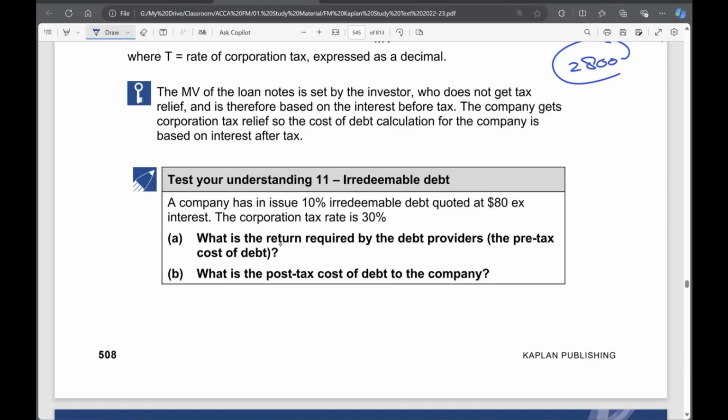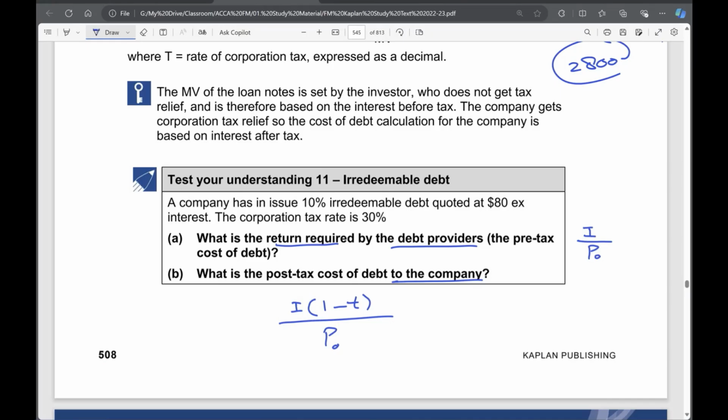What is the required return by the debt provider? The formula we are going to use to find the Kd here is interest over the market value of the bond. What is the cost to the company? The company will get tax saving, so in that case the formula is the same, but I will do 1 minus T. So what conclusion do we draw from here?